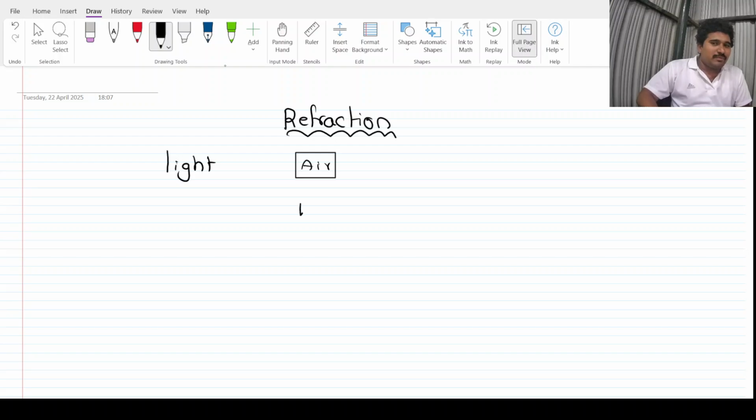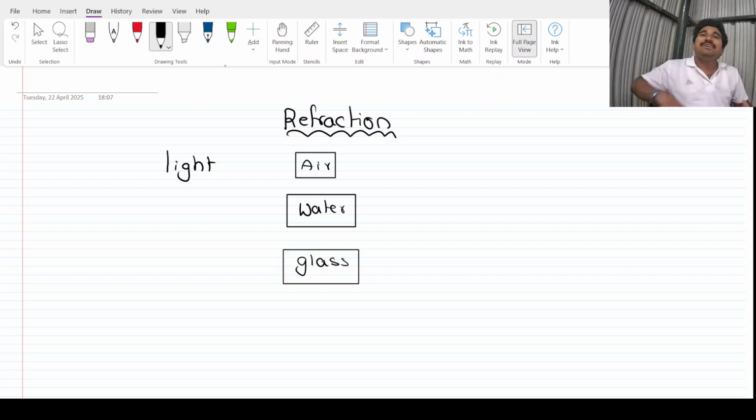Light is passing through water, that means water is another medium. Light is passing through glass, glass is one more medium. Medium is nothing but that through which I am going. That is called a medium. Is that clear now?